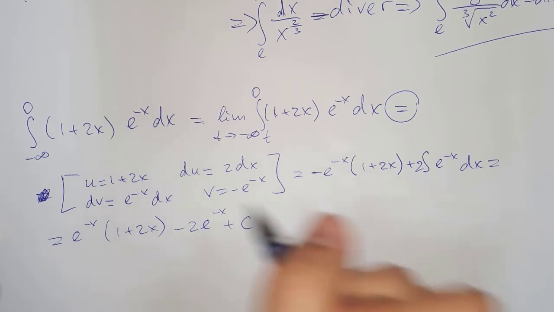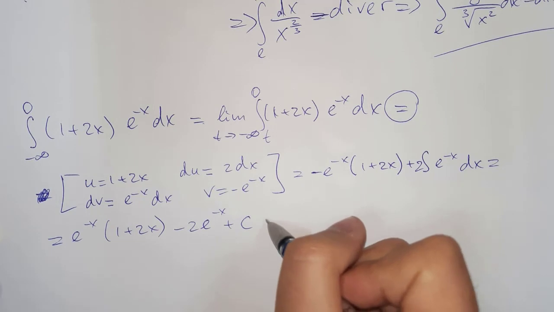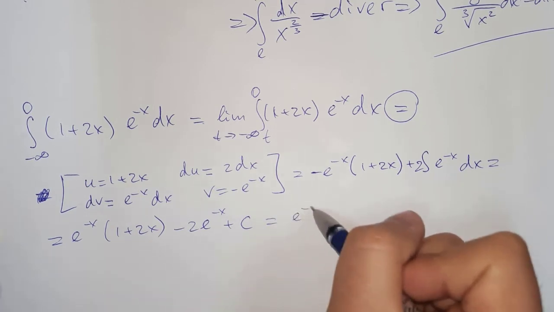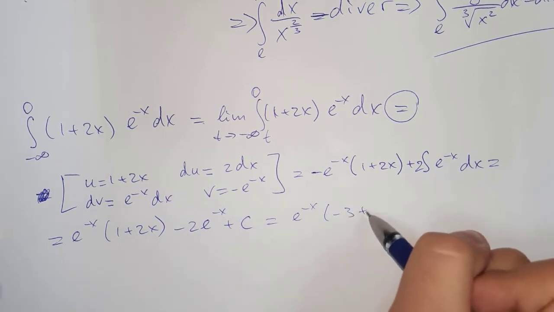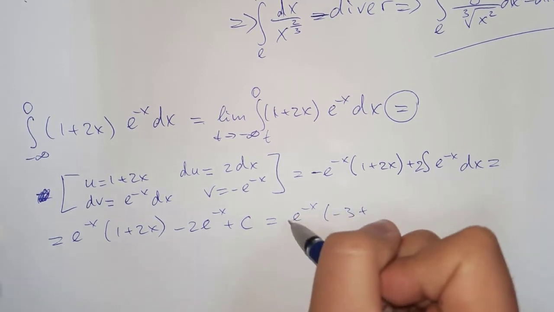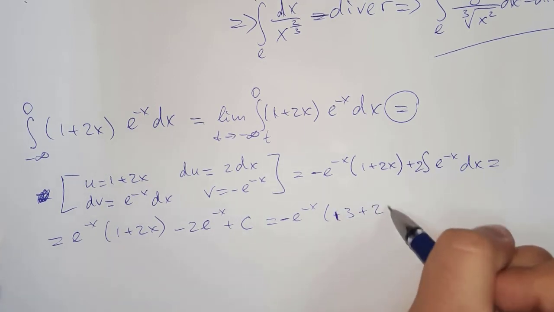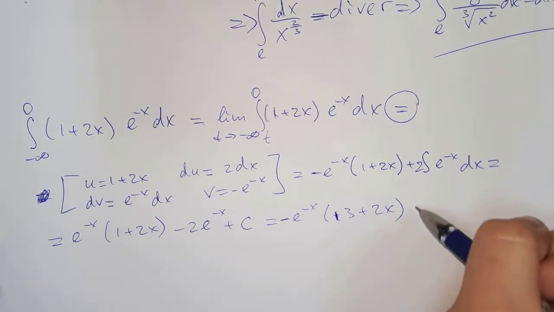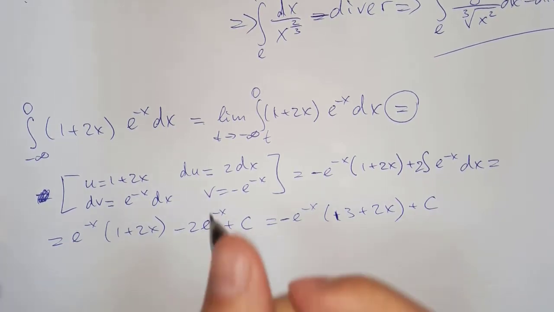Let's factor out e to the power of minus x: minus e to the power of minus x times (3 plus 2x), plus the constant c.